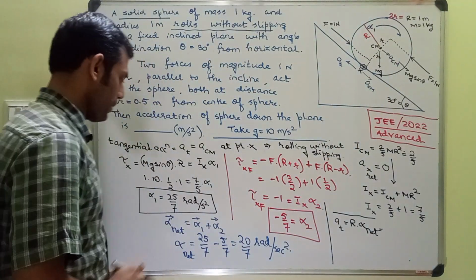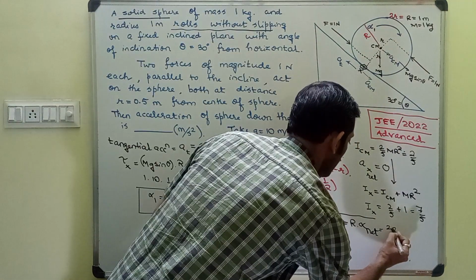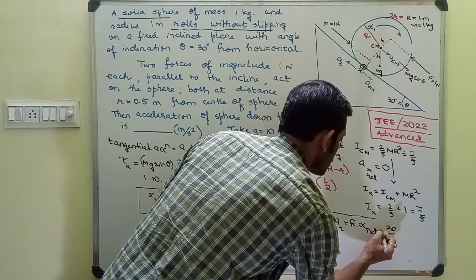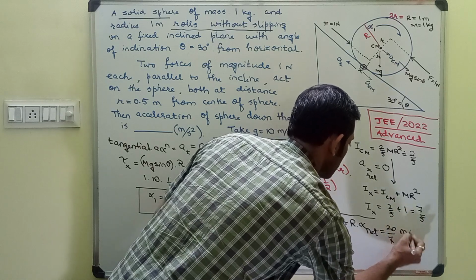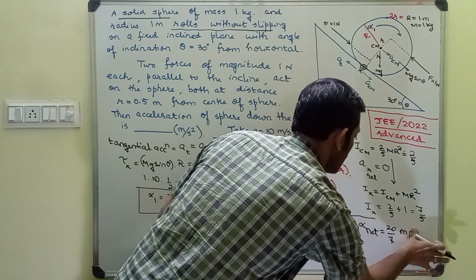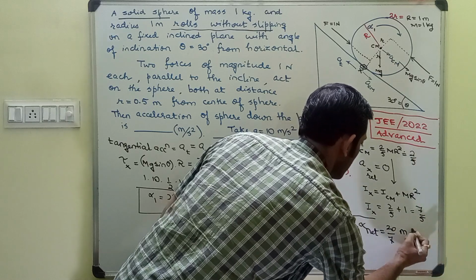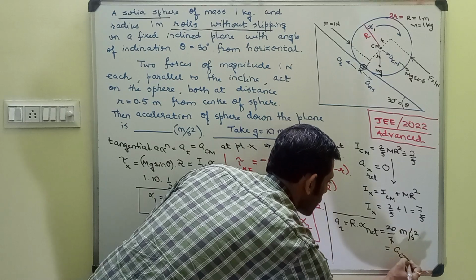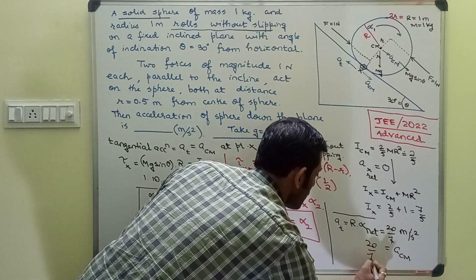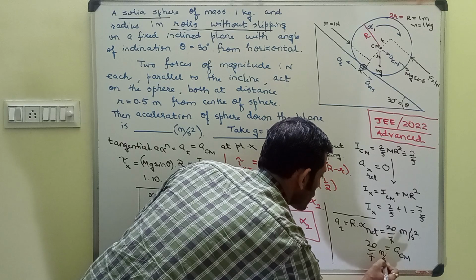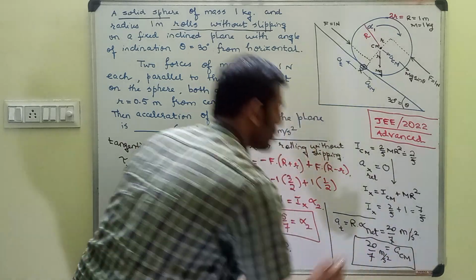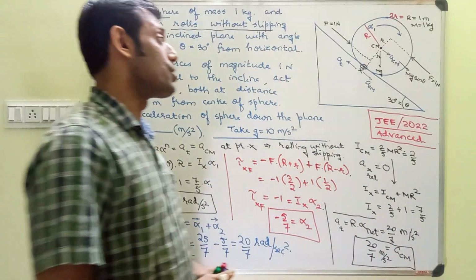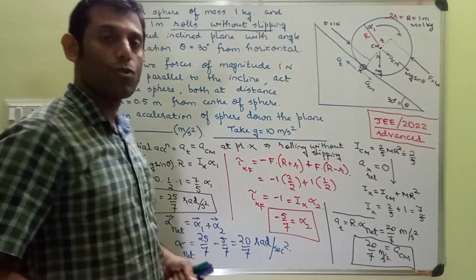Again, therefore, this is going to be equal to 20 by 7 meter per second square, and therefore this is going to be equal to the acceleration of the center of mass, 20 by 7 meter per second square. This is the answer of this question, and the reason is pure rolling, rolls without slipping.